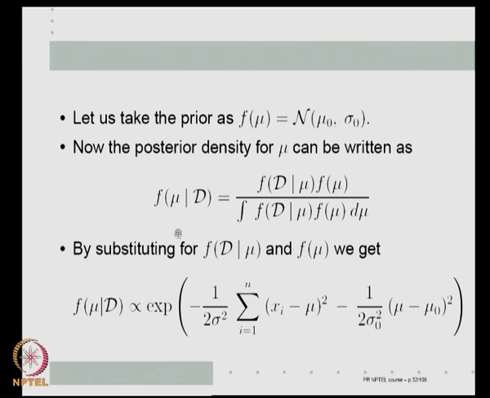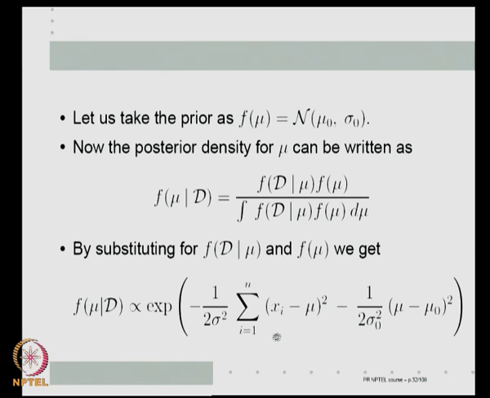The denominator in this expression is an integral with mu as the dummy variable, it does not depend on mu, it is just some normalizing constant. Similarly, both these densities have some constants that do not depend on mu. So, all those are subsumed in a constant. That is why I put a proportionality sign instead of equal to. So, the posterior is proportional to this expression.